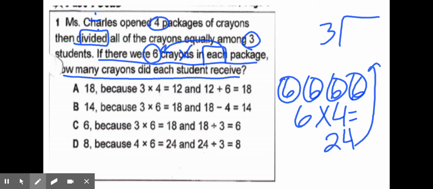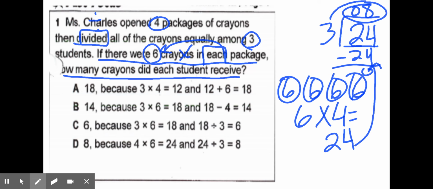So I'm going to take my 24 up there, and I'm going to divide 3 into 24. Well, 3 can't go into 2, so I make my line bigger. 3's to 24: 3, 6, 9, 12, 15, 18, 21, 24. That's 8. 8 times 3 is 24. So my answer is 8.